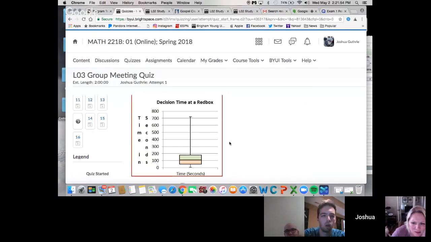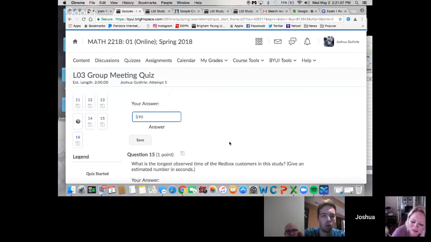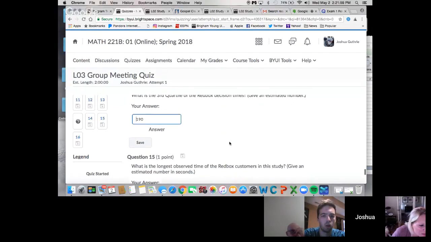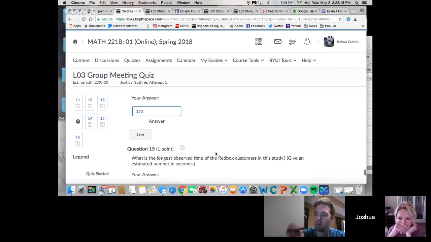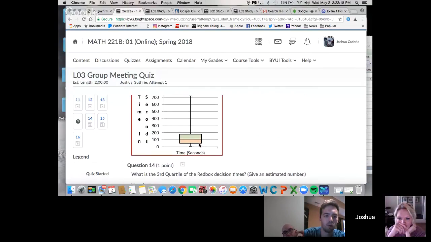It says what is the longest observed time? I think it's the bottom of the tan box to the 0 second, because that's the shortest distance, right? Yeah, the shortest one's on the bottom. So from the bottom of this orange one to the top of the green? No, I think it's from the 0 mark, from that whisker, just to the line to the orange.